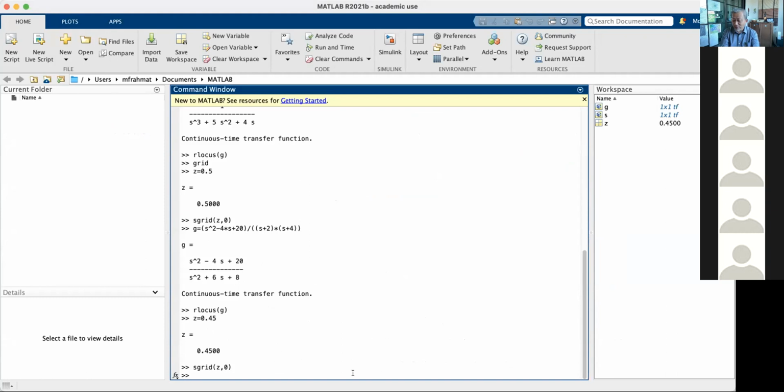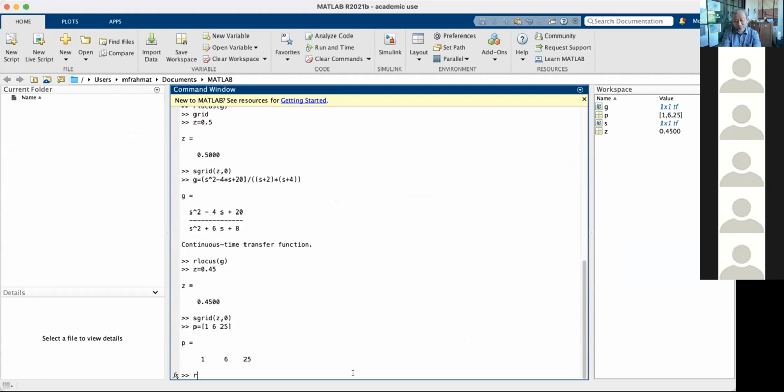Ya, doktor. Roots dia berapa? Dia 1, 6, 25. Kalau pakai calculator, saya pakai MATLAB. Tak ada calculator cari.